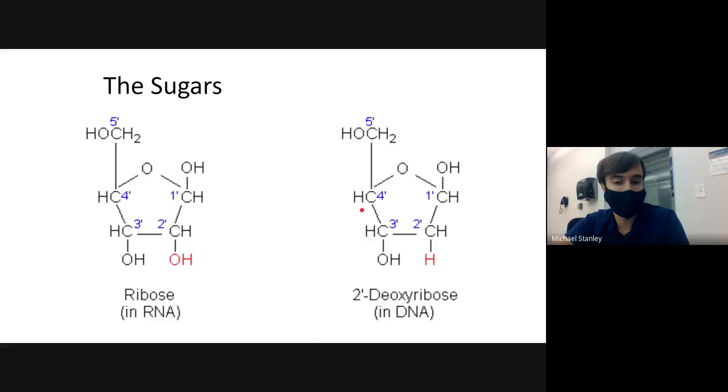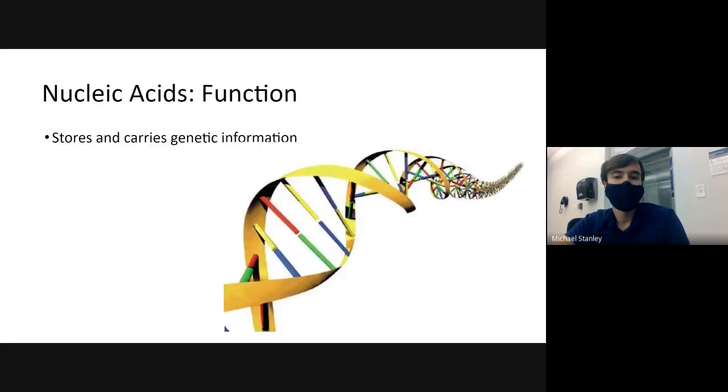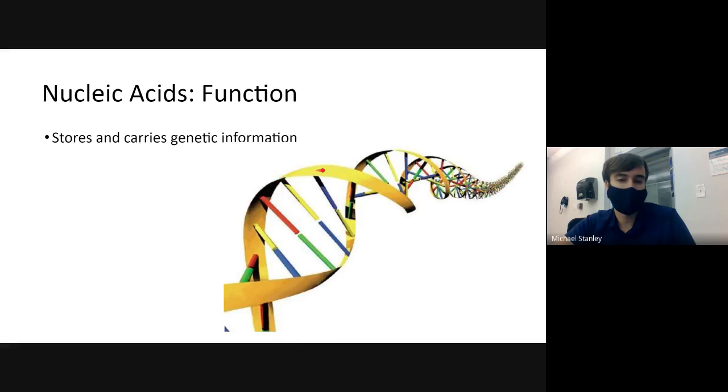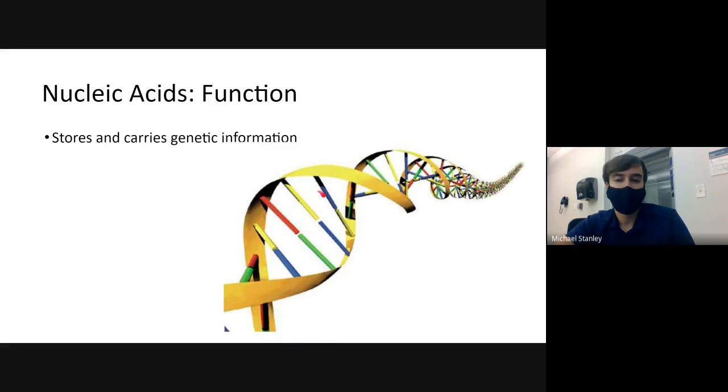So that's what's going on in this picture right here. This yellow kind of ribbon is meant to represent the sugar and the phosphate. And then these little blue and yellow, green and red pieces right here, growing across the middle, are our bases. And they make these spirals on and on.